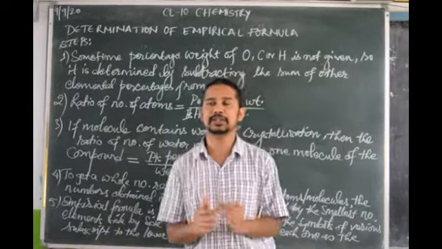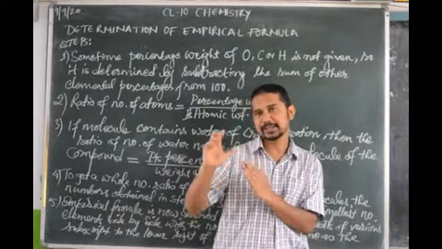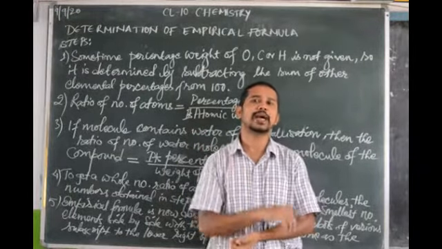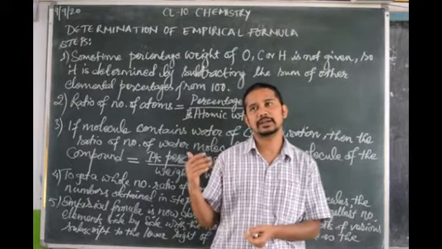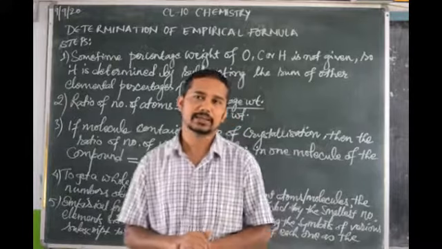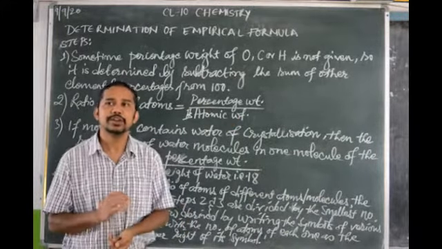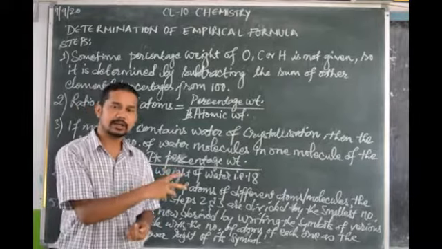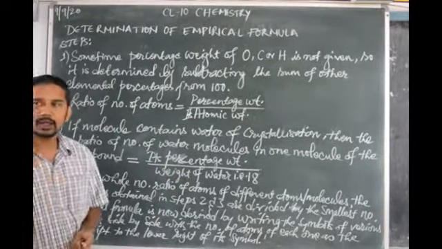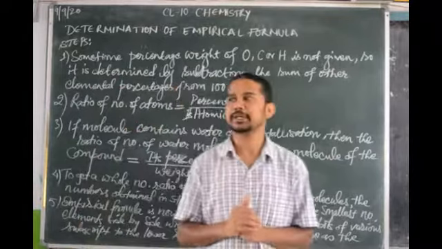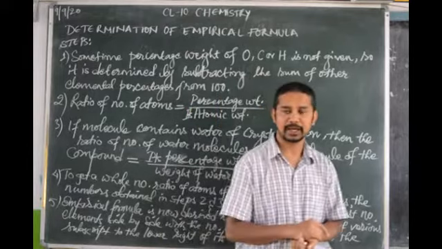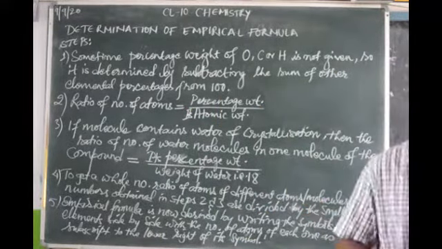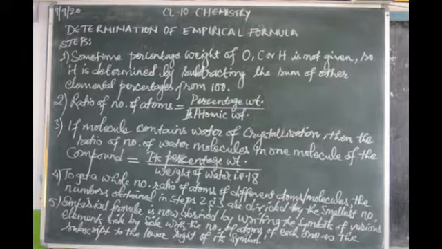So we write the symbol of each element present in the molecule, and towards the lower right of the symbol we write the number we got in step number 4 as a subscript. This will become the empirical formula, and this will be clear to you by doing some examples.